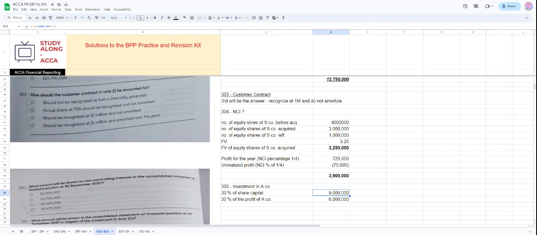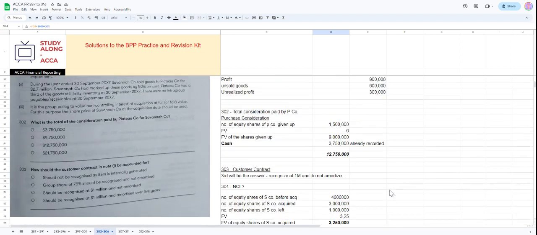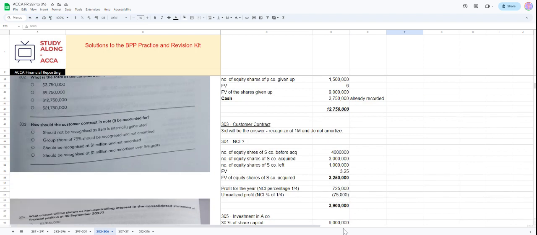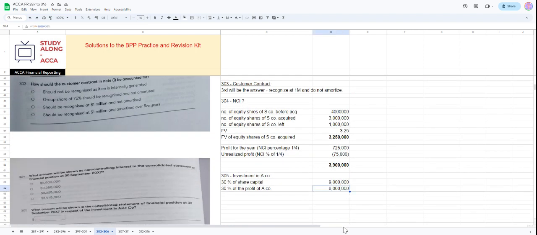And then they have this 30% of the profit. So post acquisition retained earnings for the year they have shown is 5,000. How much we are taking here? It is 5,000. Let me redo this.